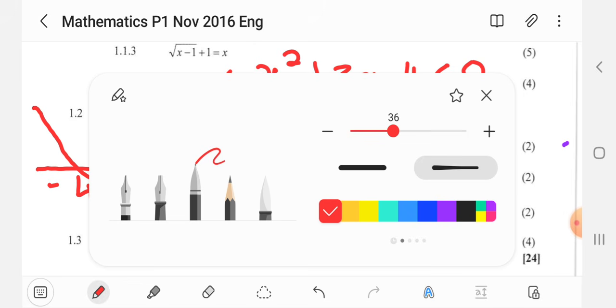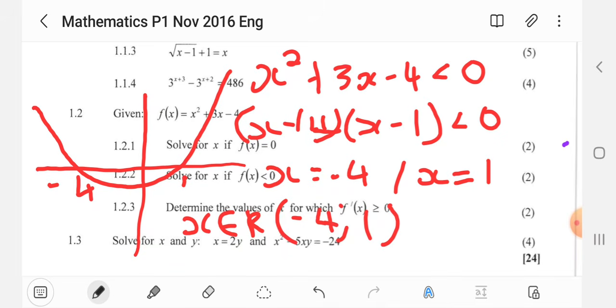You've gotten your 2 x values. So the other one is negative 4. You can even say this: x is an element of the real numbers from negative 4 to positive 1. Or you can say that f at x is less than 0 when negative 4 is less than x and x is less than 1.